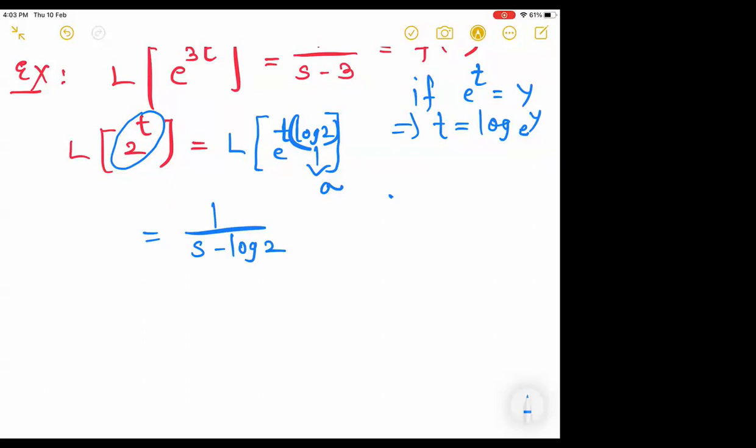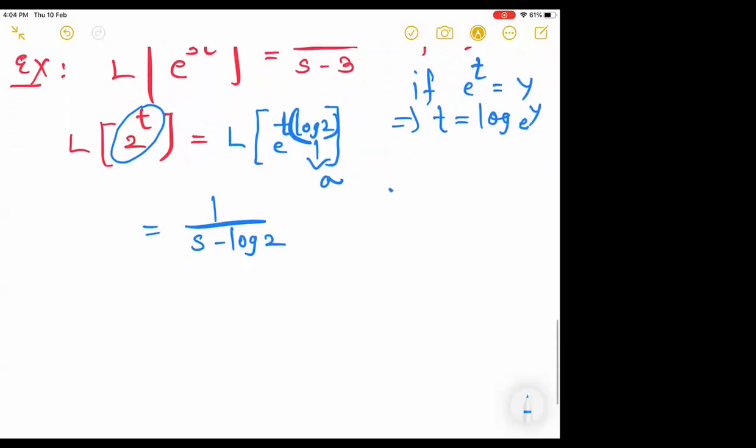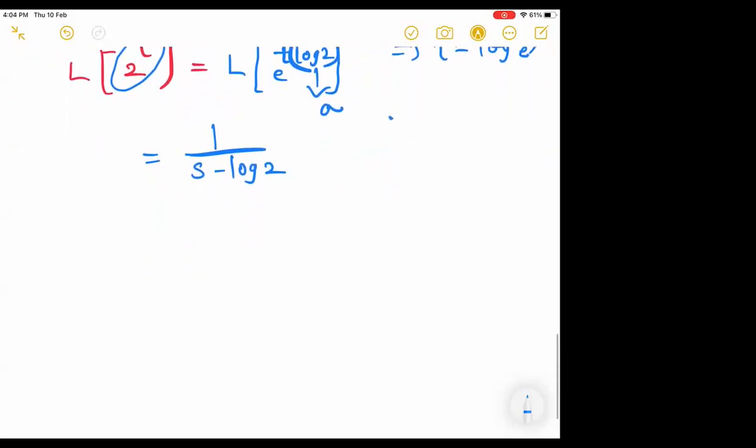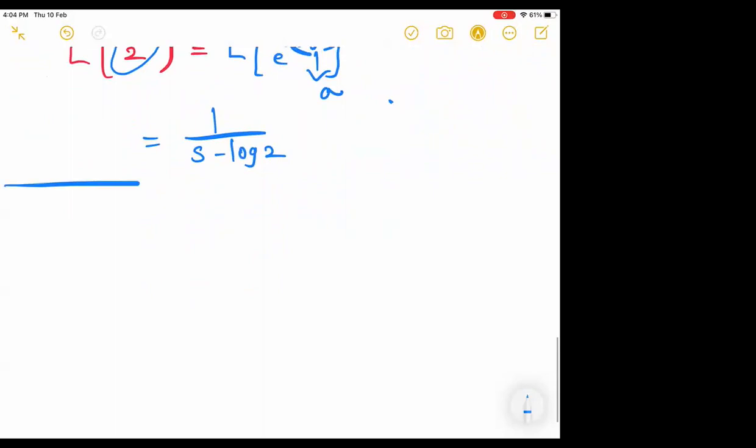So this is just to know the expression for 2 raised to t, 3 raised to t, 4 raised to t, anything which is calculated by this particular form. And likewise, the third expression I will take for sine and cosine functions, so trigonometric functions.